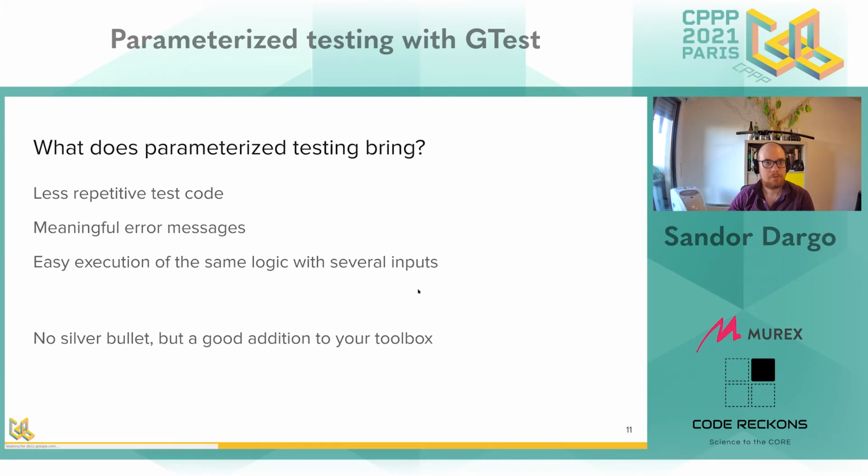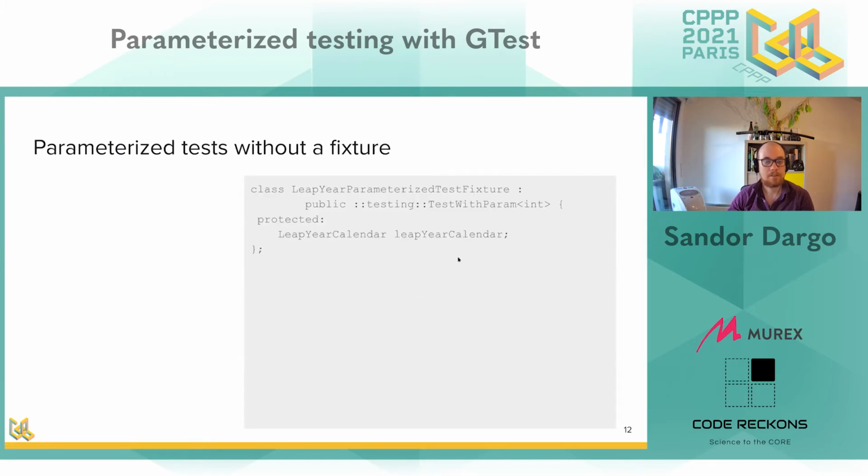Now let's see how to write it from scratch, when you don't have an existing fixture. So you have to inherit from this class testing::TestWithParam, and you have to pass in the type that you want to parameterize. And like we did before, we can put here some common code.